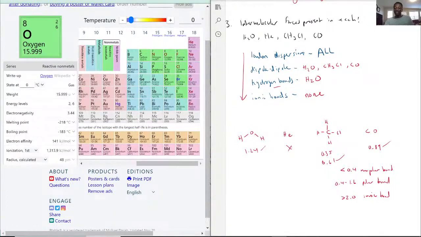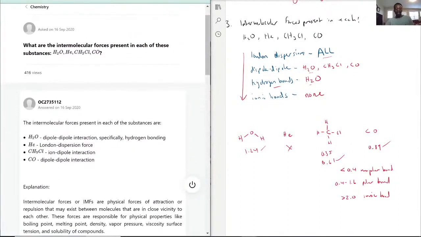Typically, if water has hydrogen bonds, it most likely has dipole-dipole, and it obviously has London dispersion because London dispersion is always there. So that is how you would solve that question.